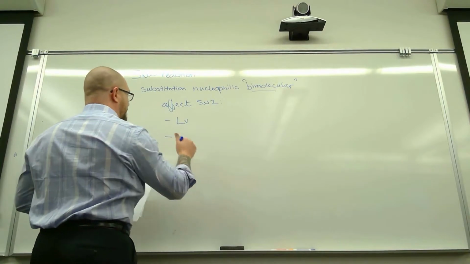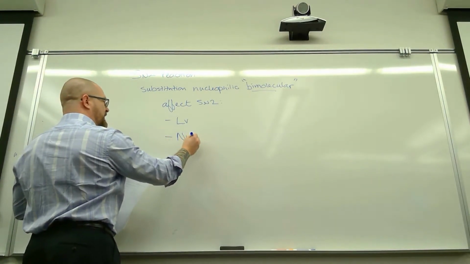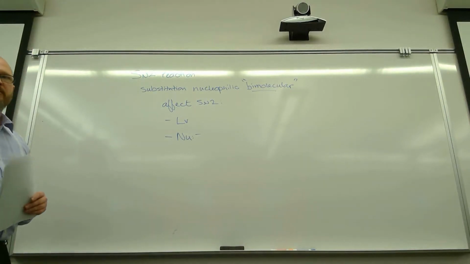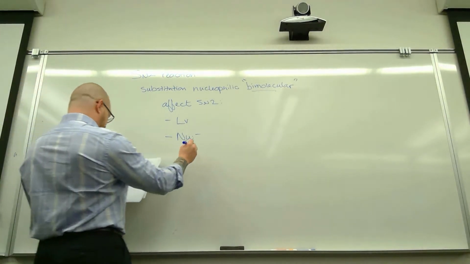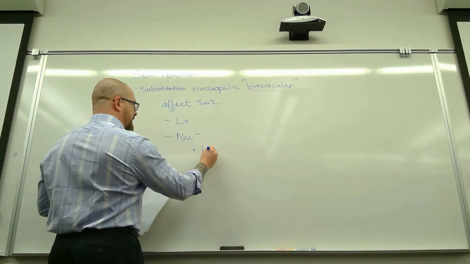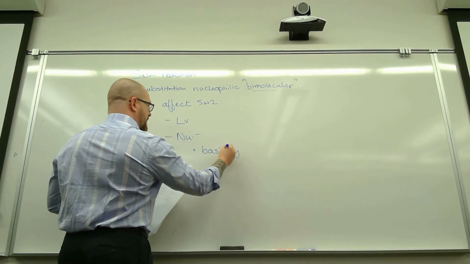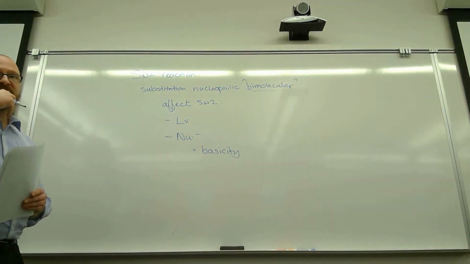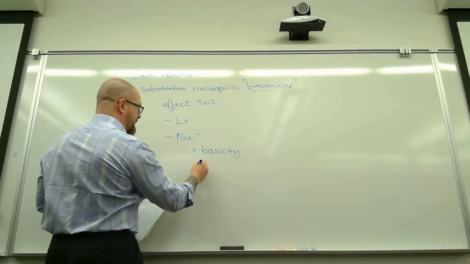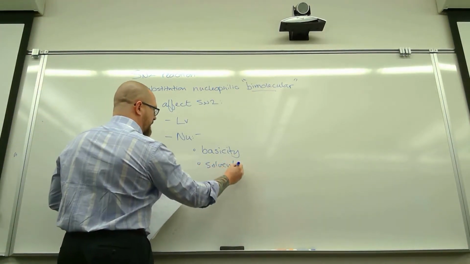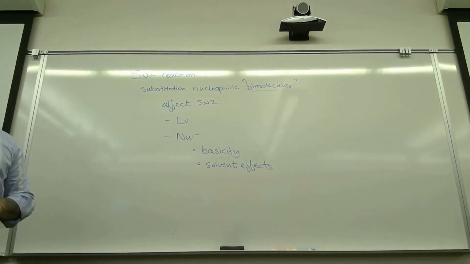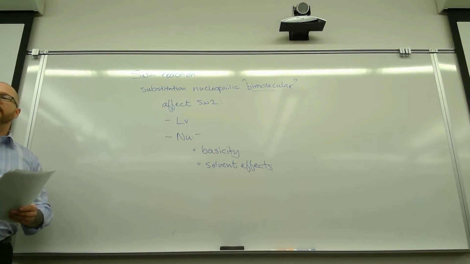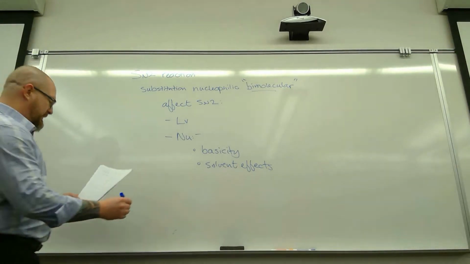In terms of other factors, we have to deal with the quality of our nucleophile. And there's going to be three factors that we should assess anytime you're looking at the quality of the nucleophile. You need to look at how basic it is. You're going to need to look at the solvent effects, because how good a nucleophile is largely dependent on how the solvent interacts with it, or doesn't interact with it.